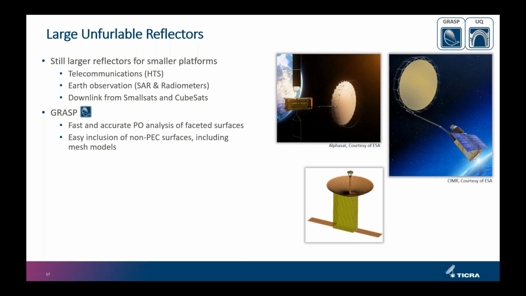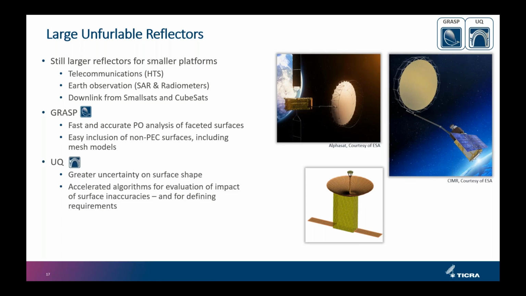It's very fast and accurate to analyze these large surfaces using the physical optics algorithm, and it's also relatively easy to include non-PEC surfaces on your reflector. So if you want to model these mesh surfaces that you typically have on this type of reflector.